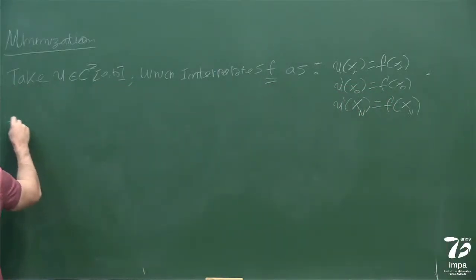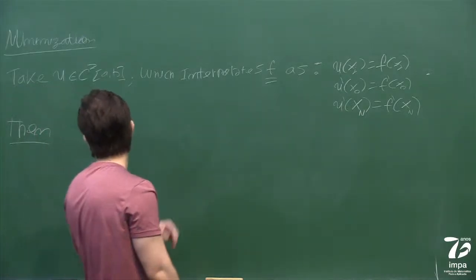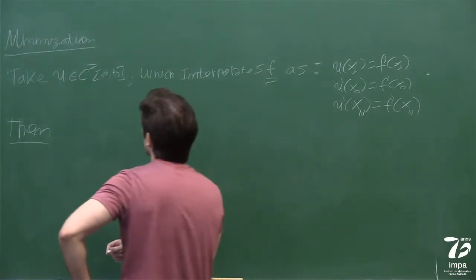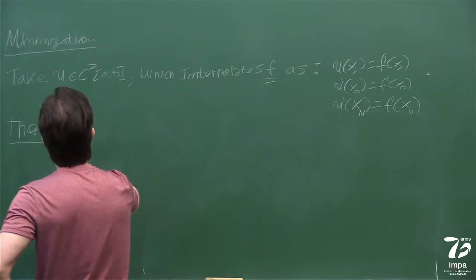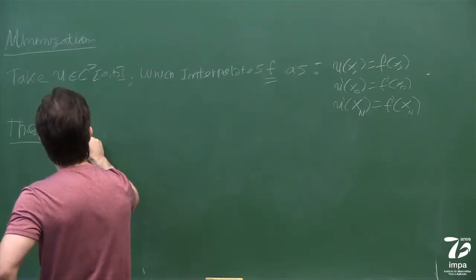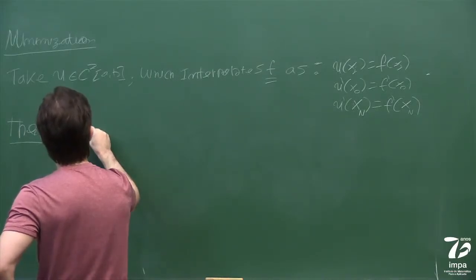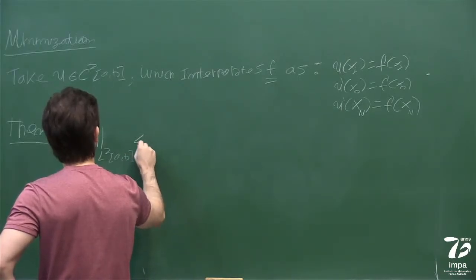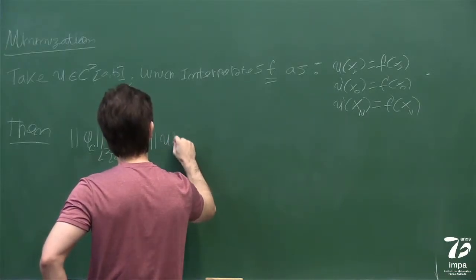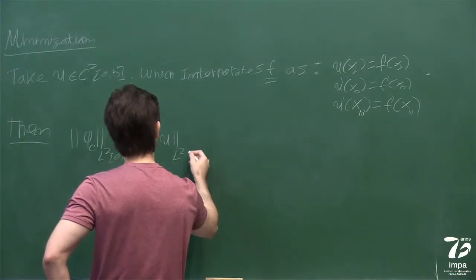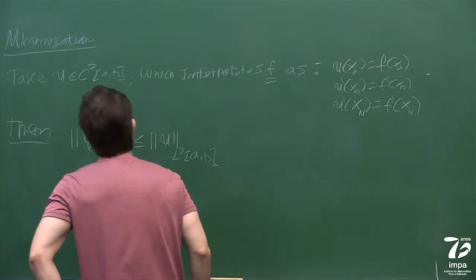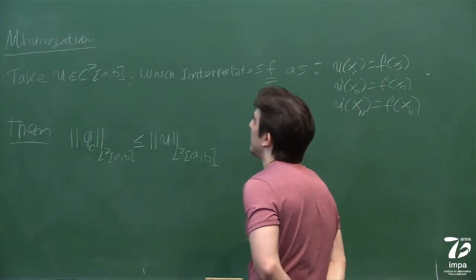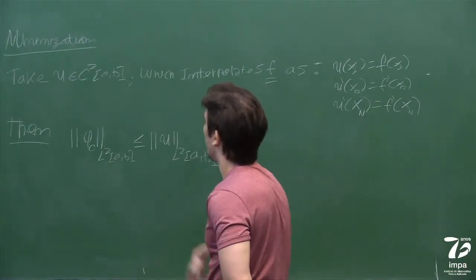Then the L2 norm of the clamped spline interpolation is always less than any L2 norm of u, okay?